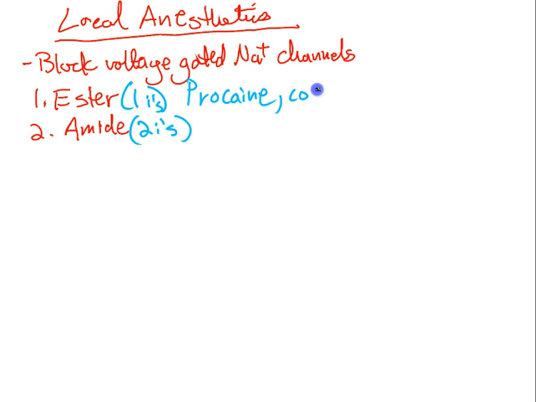Cocaine, that's another ester. Tetracaine would be another one. Things that are amides are something like lidocaine or bupivacaine. So that's just something to look for when you take the USMLE.